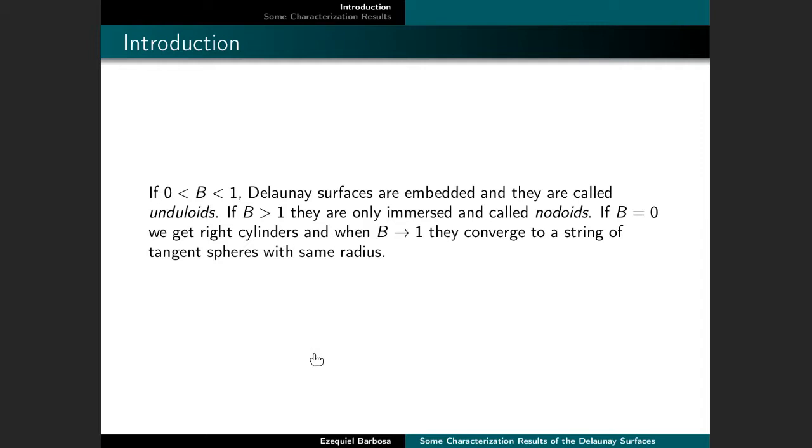And if we think about the surface when b is equal to 0, this is exactly the right cylinder. And when b goes to 1, they converge to a string of tangent spheres with the same radius. Okay, so this family is the family of surfaces we are interested in here, right?